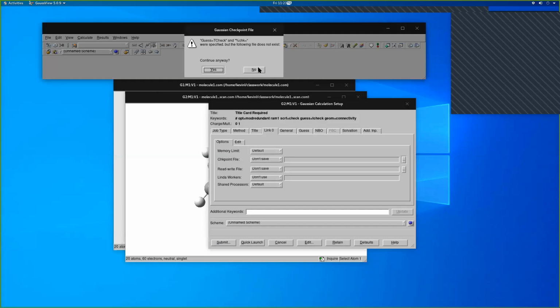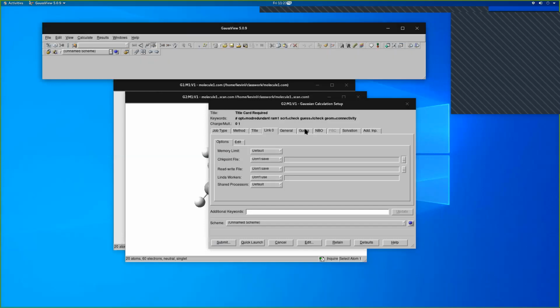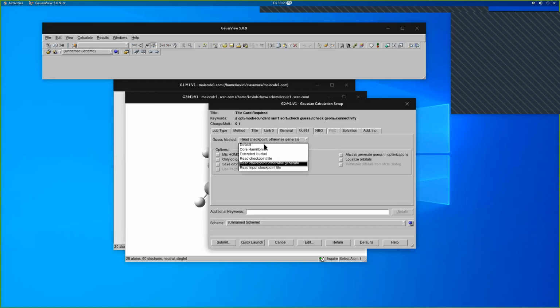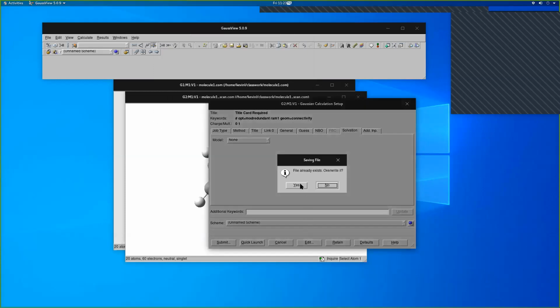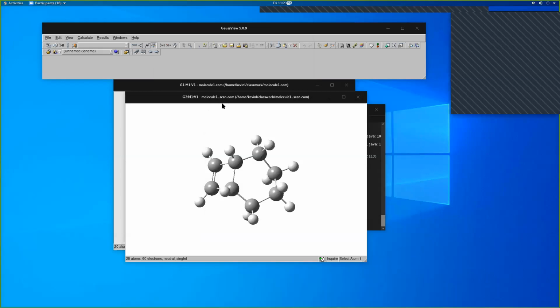Apologies, there are some problems on that, so I'm just removing all references to previous runs. So now we've got the scan going.